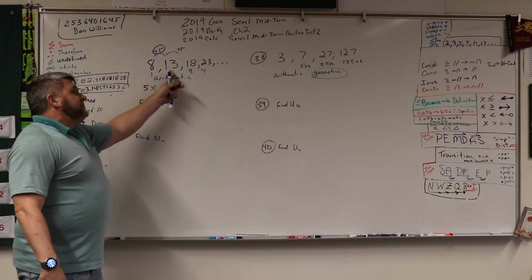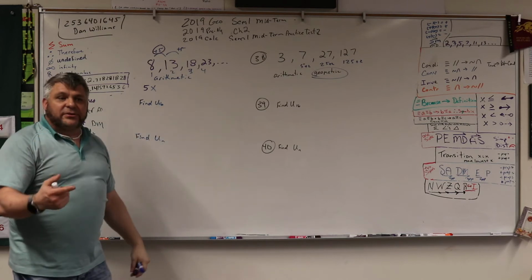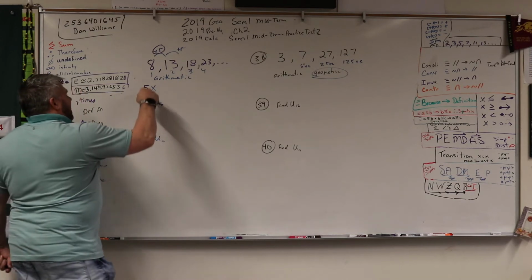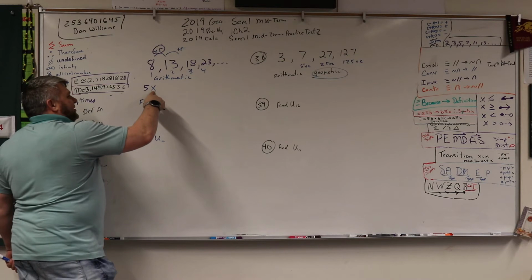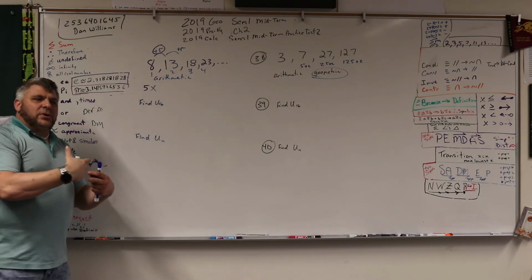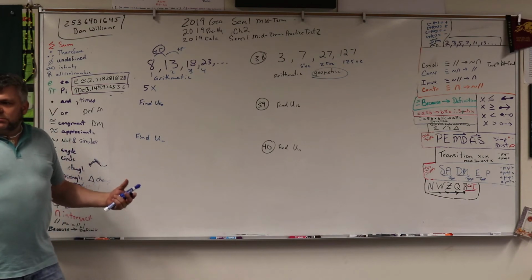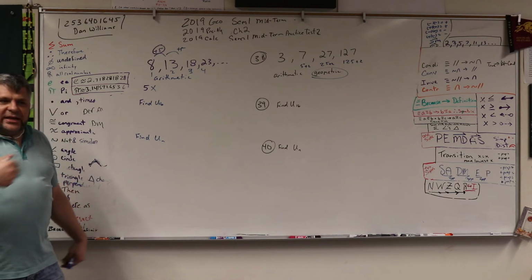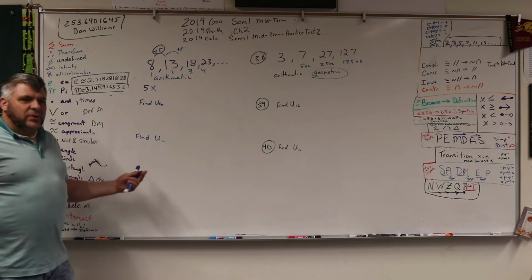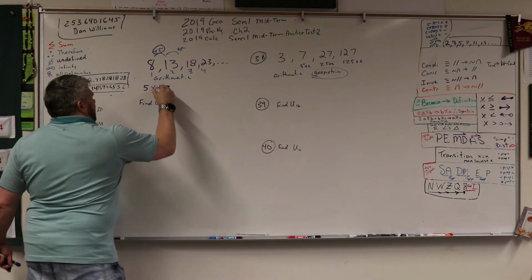In this case, I'll have 2 5s. In this case, I'll have 3 5s, and so forth, right? And so then I'm like, well, if I have 1 5 here, how do I get to 8 from 1 5? So what do I add to 5 to get to 8? 3, right?